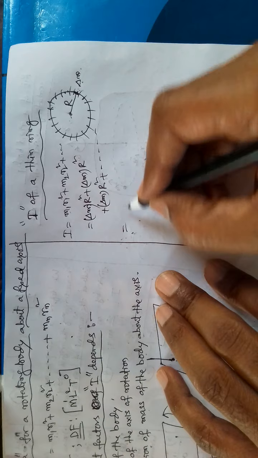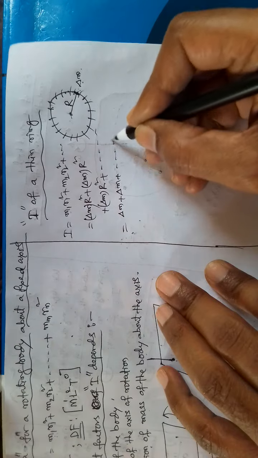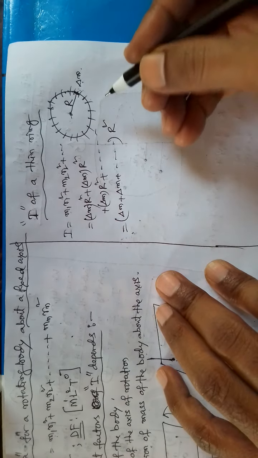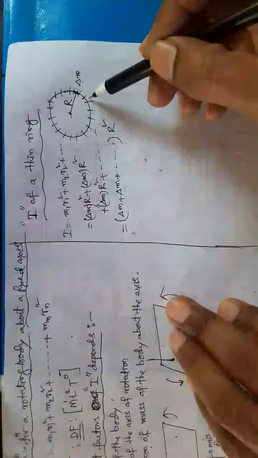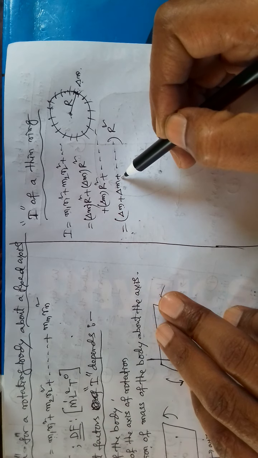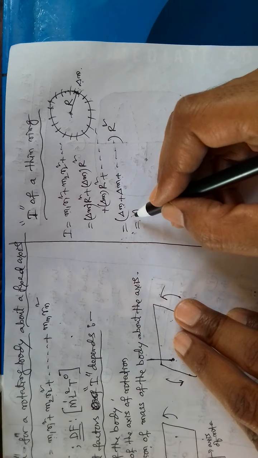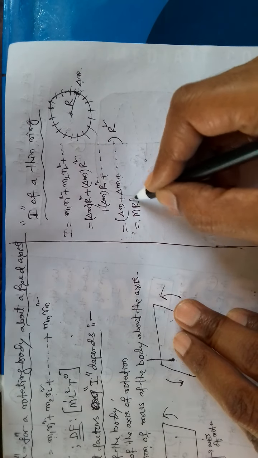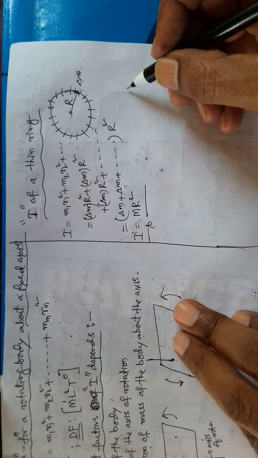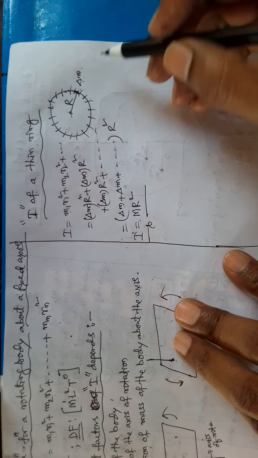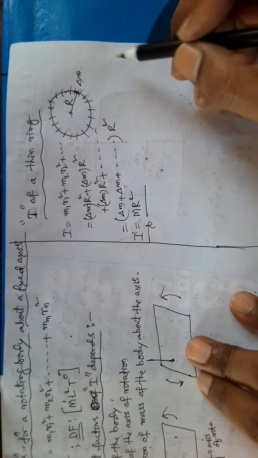Now r square is common, so delta m plus delta m plus delta m times r square. The masses of all segments added give the total mass of the thin ring. The total mass of the thin ring is capital M, so M r square. So I is equal to M r square. In this way, we could find the moment of inertia of a thin ring using the definition.